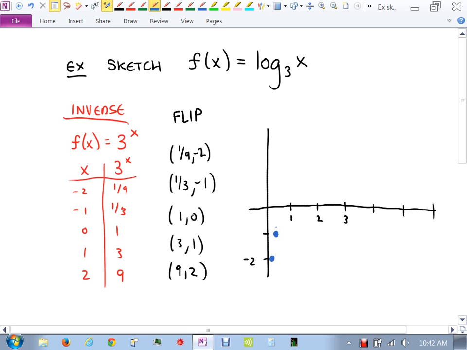And then to the right 1 and don't go anywhere. Then to the right 3 and up 1, which puts you here. And then to the right 9, which is off my graph, and up 2. So way out there somewhere.